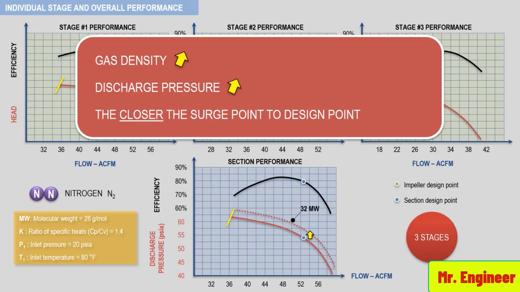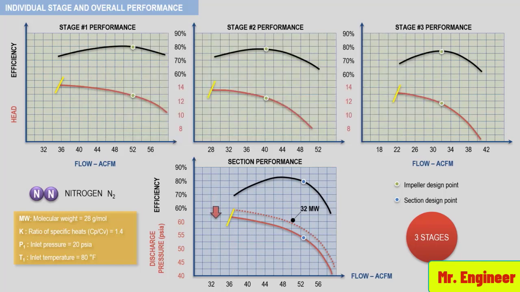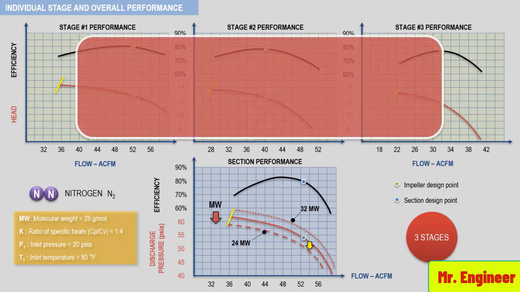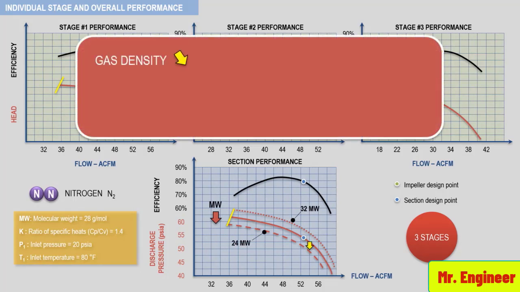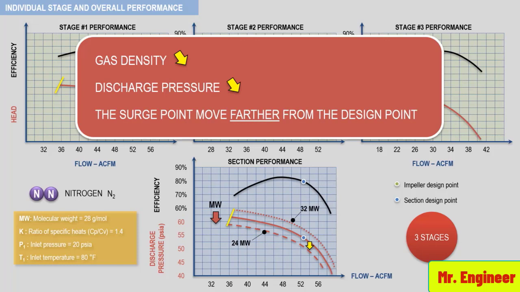Now, in the case of a reduced molecular weight or gas density, as seen here, the opposite effect will occur. The discharge pressure will be reduced, and the surge point will move to the left, farther from the design point.